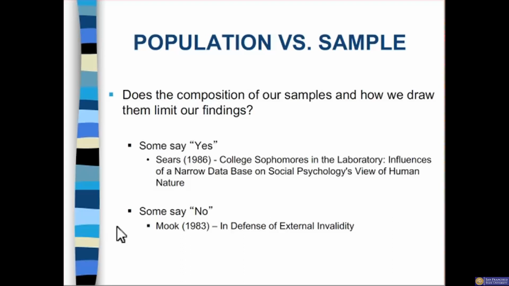But the people who say it's not too big of a deal argue that if you don't have a random sample, or you've used quota sampling, snowball sampling, or convenience sampling, it may actually be due to increasing your external validity. You're trying to put in an effort to get a hard to obtain sample, something that you can't study in a laboratory setting.